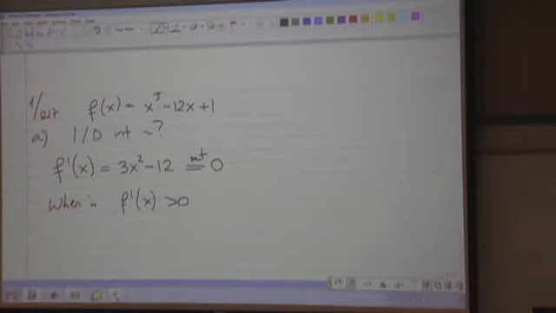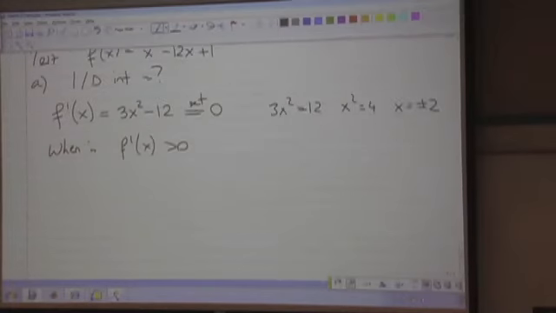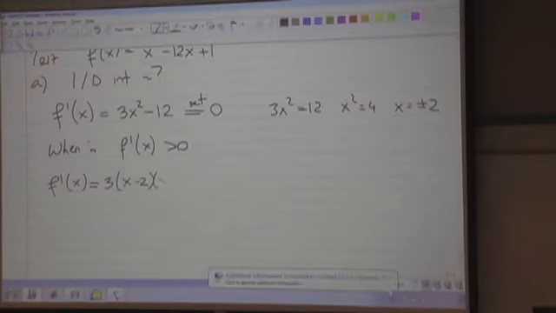So 3x squared is equal to 12, x squared is equal to 4, so x is equal to plus or minus 2, right? Which means that f prime of x is equal to 3 times x minus 2 times x plus 2, right?